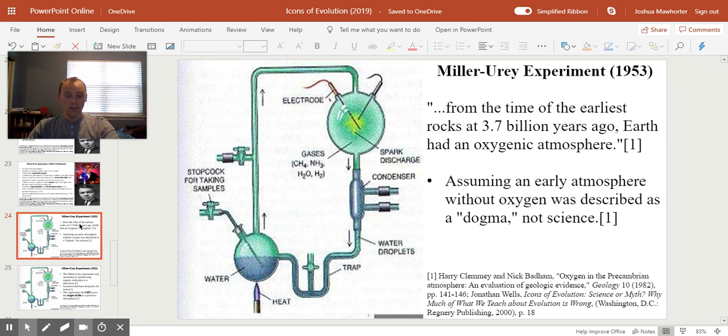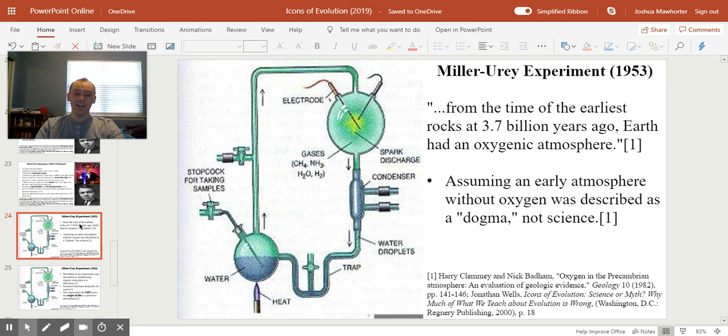Another set of scientists, Clemmey and Badham, in their study, Oxygen in the Precambrian Atmosphere: an evaluation of the geologic evidence, say that from the time of the earliest rocks at 3.7 billion years ago, Earth had an oxygenic atmosphere. So that assumption kind of blows away or puts major holes in the Miller-Urey experiment.